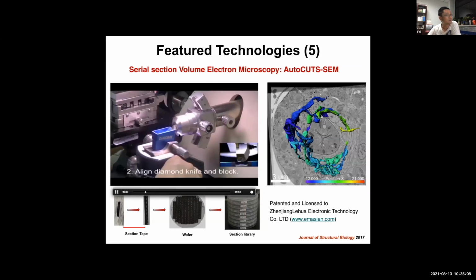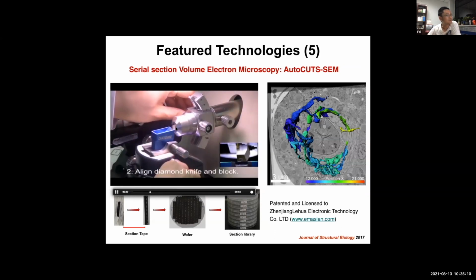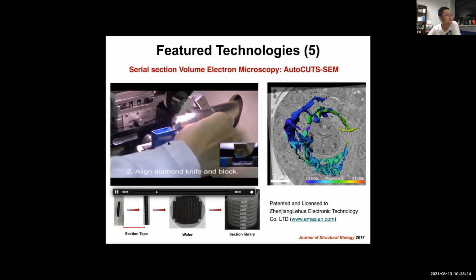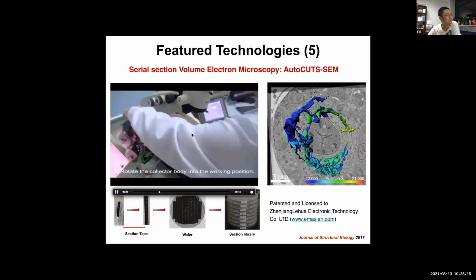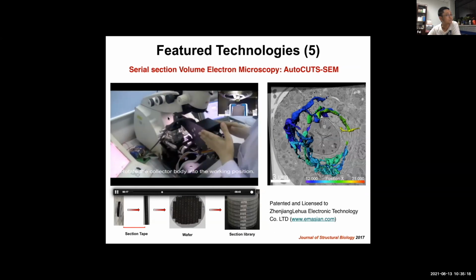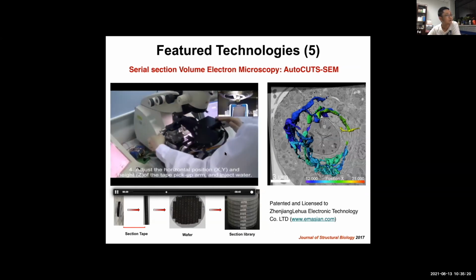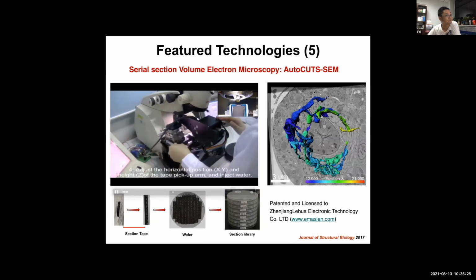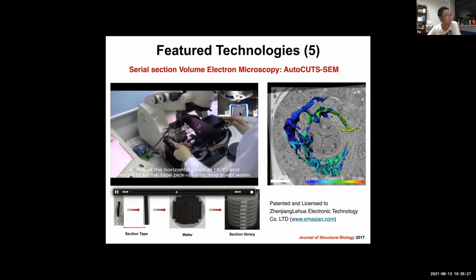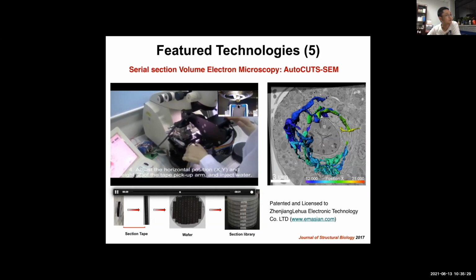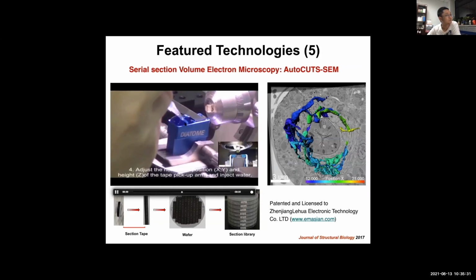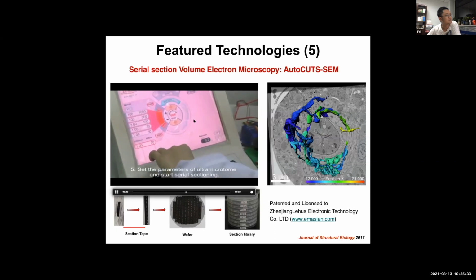This is the resin-embedded tissue sample, and we just put it in a microtome to align the specimen with a diamond knife. And this is an automatic collector we developed. We call it AutoCUTS. And then we align the collector with the diamond knife and put the water in the diamond knife boat.